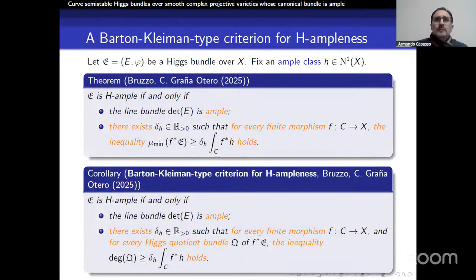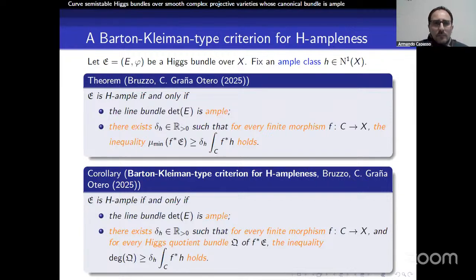Okay. What does this Barton-Kleiman type criterion for Higgs nefness say? For Higgs ampleness, sorry. It says the following. Let E be a Higgs bundle over X, and we fix an ample numerical class H. Okay.